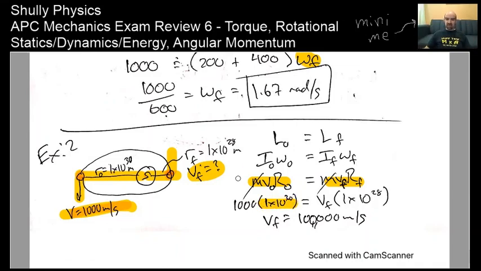It looks like the mass of the planet cancels. So the velocity out in the far regions is 1,000 times 1 times 10 to the 30. It would be the velocity on its closest approach, where its r is 1 times 10 to the 28. It would be 100,000 meters per second. So it does get faster as it gets closer and slower as it gets further out.